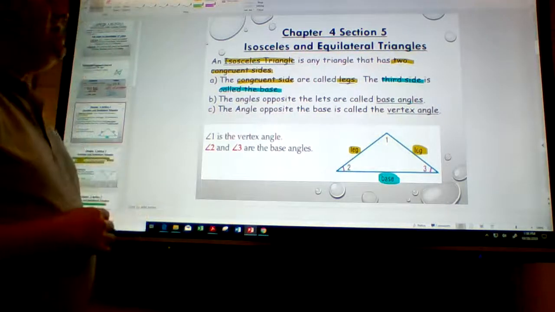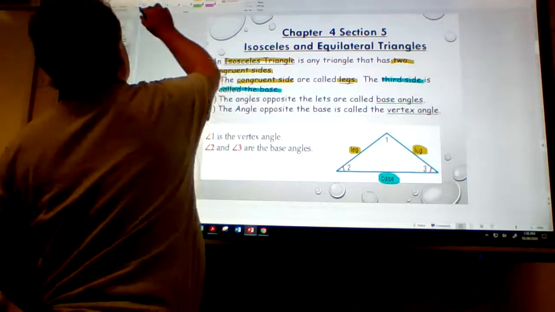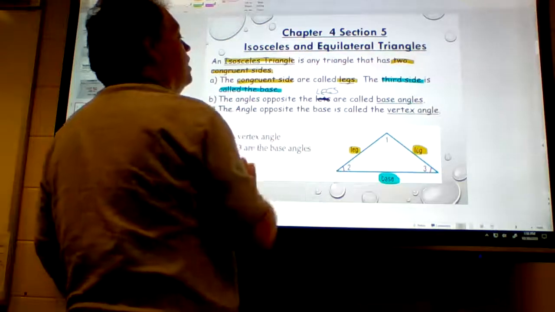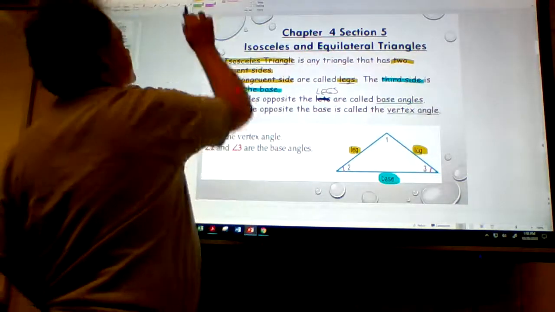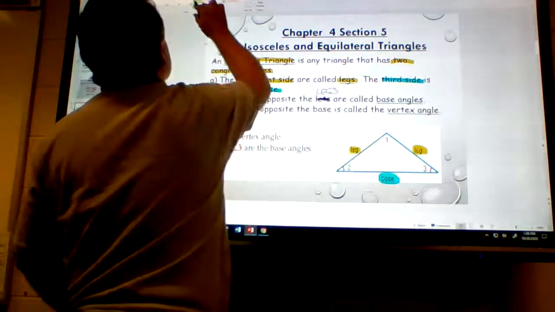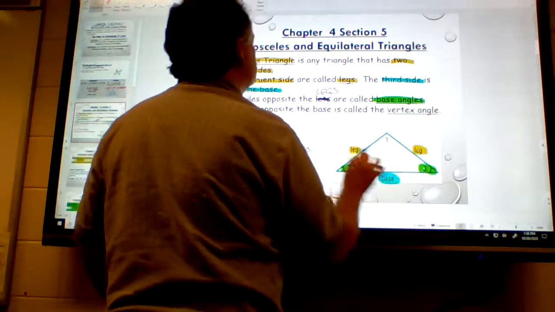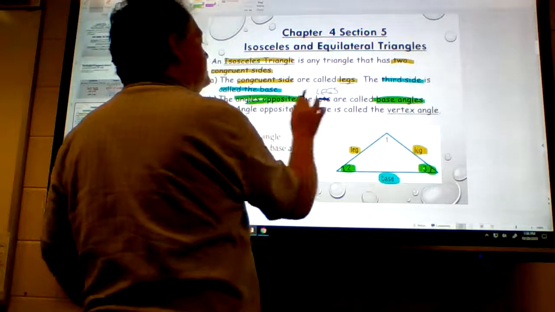And the angles opposite the legs, actually that should be legs there, so let me change that to legs, are called the base angles. Right there are my base angles. They're the angles opposite the legs.